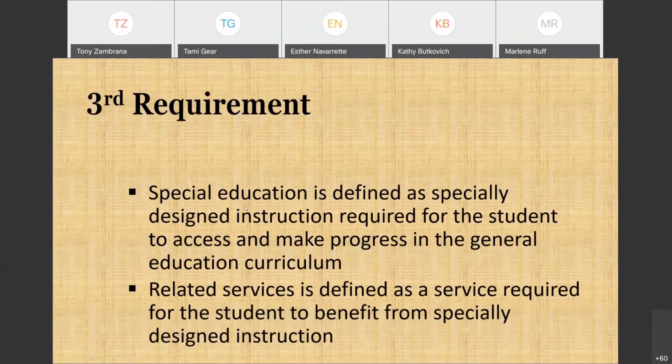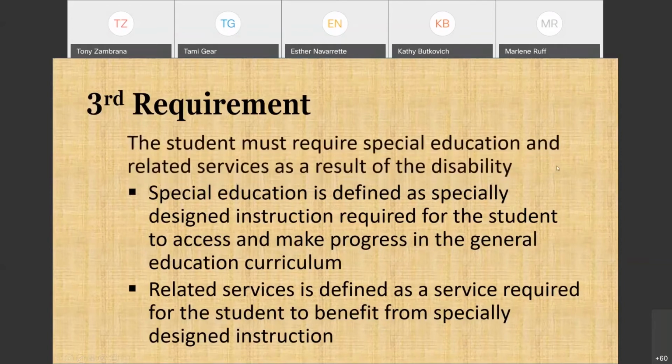Different things like that are considered related services that they have to have in order to benefit from this specially designed instruction. They have to require special education and related services as a result of the disability. So they have to need the special education or the related services in order to access the general education curriculum. Okay.